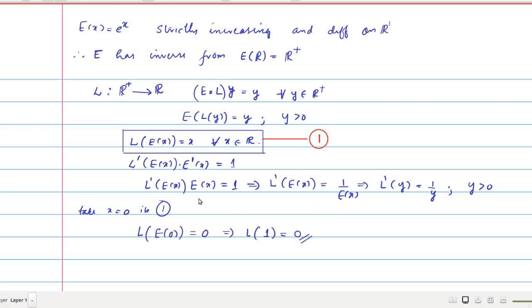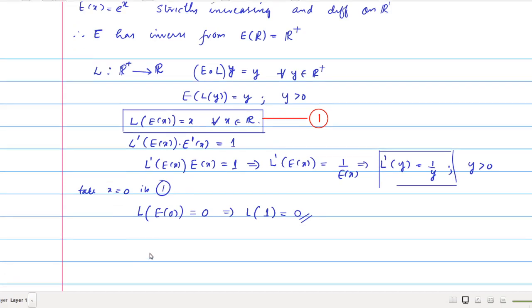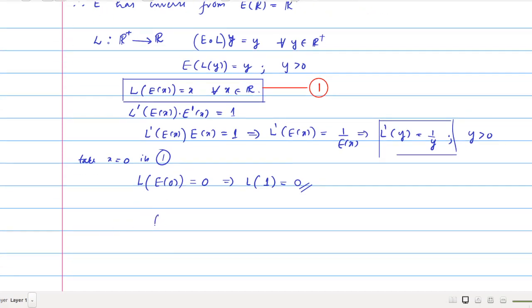Now you consider this L dash of y equal to 1 by y. So integrate both sides from 1 to y, not 0 to y, 1 to y, L dash y dy, that will be the integral from 1 to y of 1 by y dy. So when you integrate this, you get L of y from 1 to y, that is L of y minus L of 1.